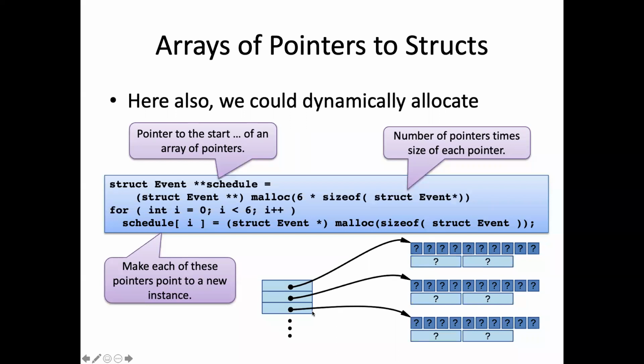And then once you say, oh, I've got a wake up event, let's put that first, that seems like the time to allocate the space for this and fill in this first pointer. And then if you had an eat breakfast event, once you've parsed that, you can allocate space for the next event and make this pointer point to it. There's nothing wrong with what I'm doing here. It's just not typically how you would do this.